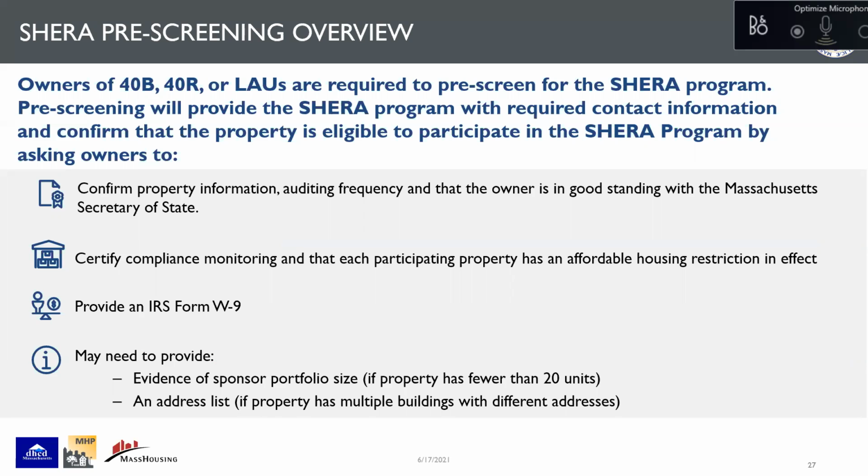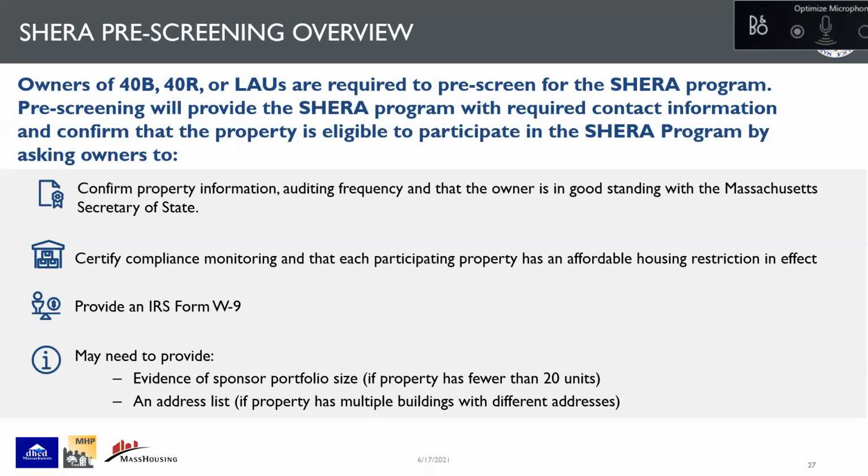As I mentioned, the pre-screening applies to those Chapter 40B, Chapter 40R, or local action units that are participating in the program. To pre-screen, the owner will be asked to do a few things. One is confirming the audit frequency and that the property is in good standing.